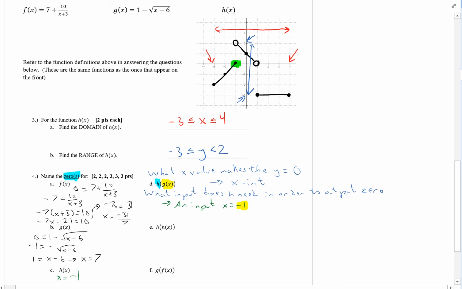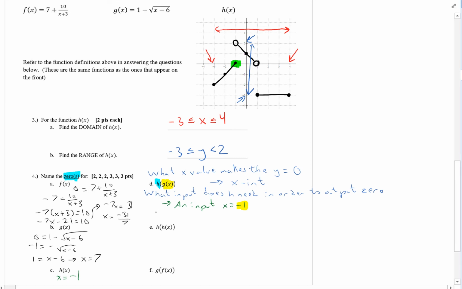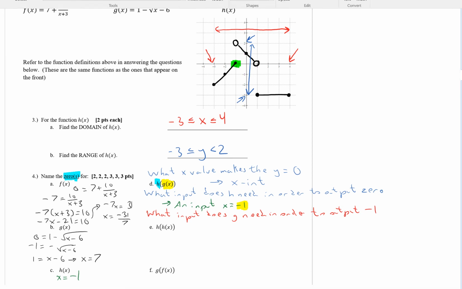We learned that from over here. And the thing I'm putting into h is g. So the question now becomes, let's do a different color, what input does g need in order to output -1? Because if g outputs -1, and then we put that into h, it is going to output 0, and that is what we are trying to answer.